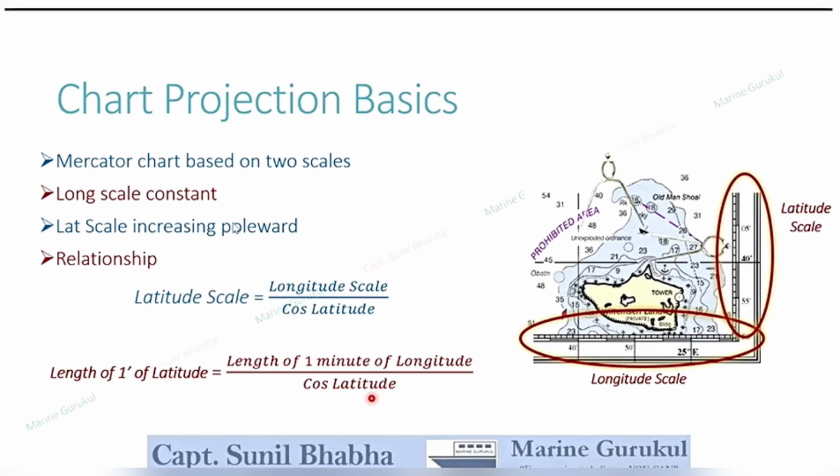Using this relationship, you can find out the length of 1 minute of latitude or of 1 minute of longitude if any one of them is known to you. This is a very important relationship, and we will be using it for the construction of our Mercator chart.